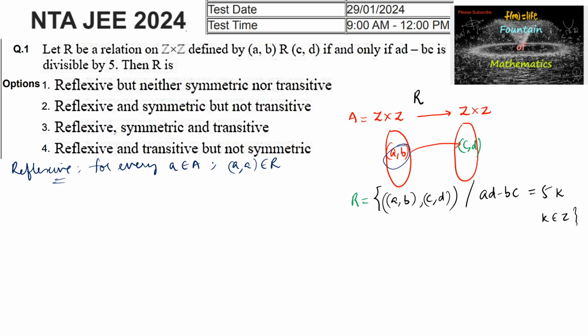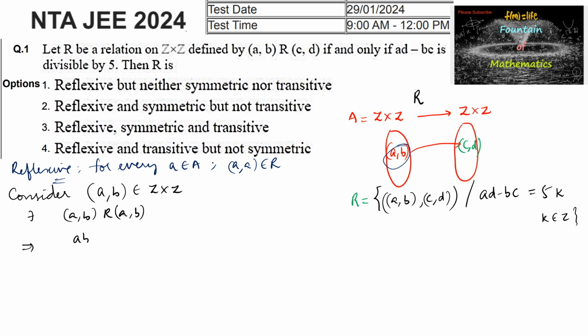So let us consider (a,b) belongs to Z cross Z such that (a,b) is related to (a,b).